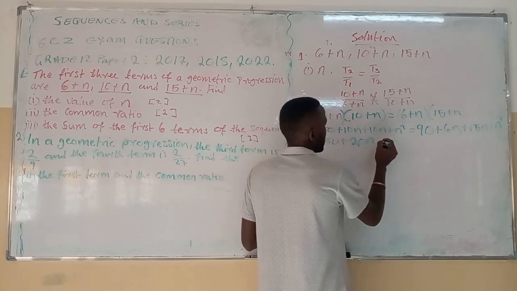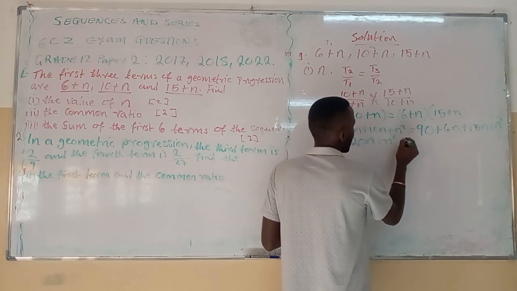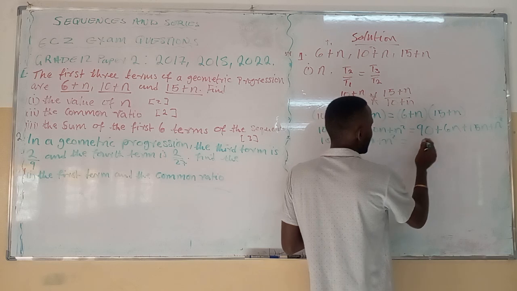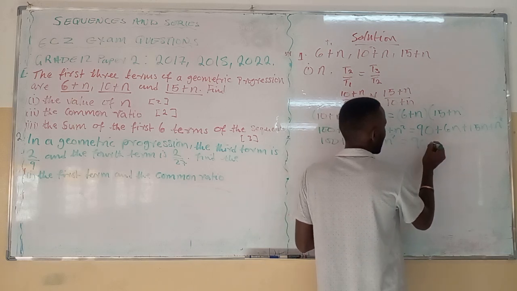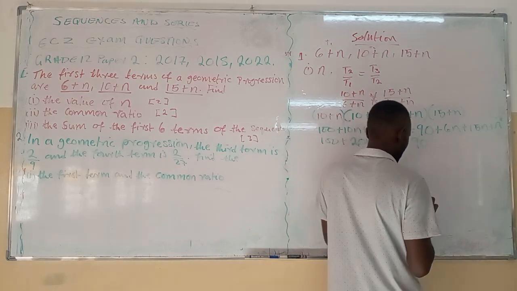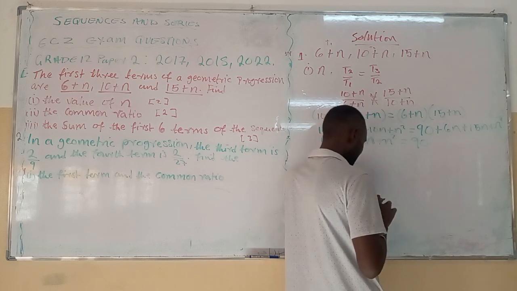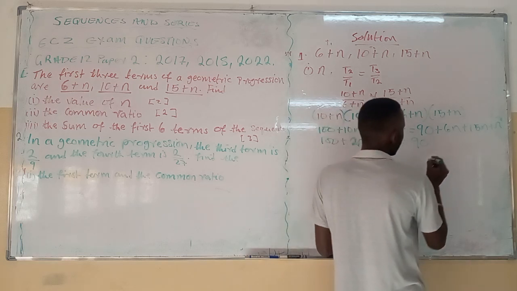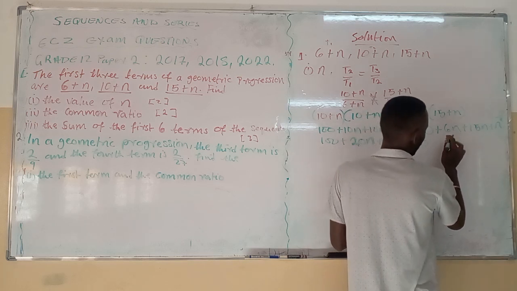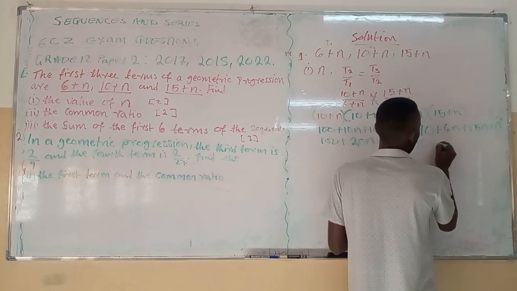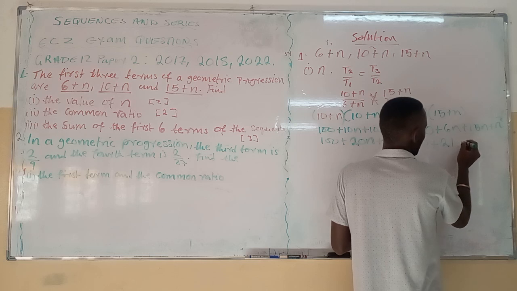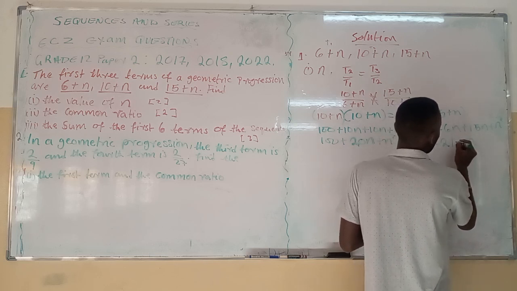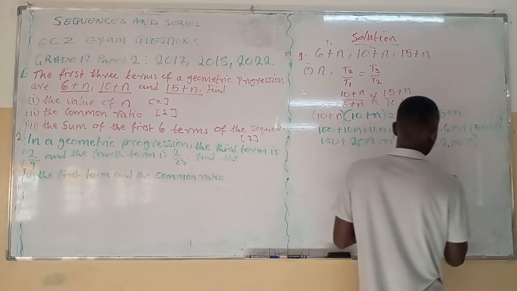Plus n squared is equal to 90, which does not have any like term, so plus 6n plus 15n, we have 15 plus 6, which is 21, so 21n plus n squared.